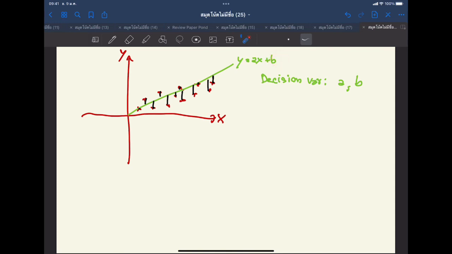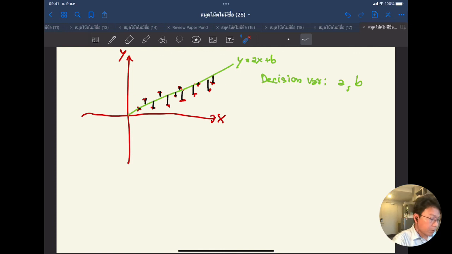That means you move, because b is the intercept, so you move the line that way, maintaining the slope, left or right. So you see that we can adjust a and b in order to obtain the minimum summation of deviation.